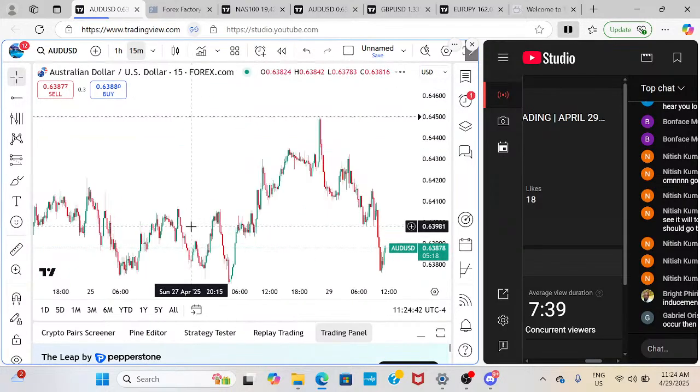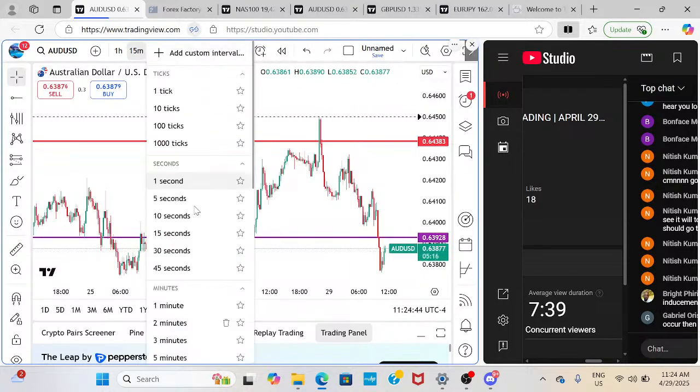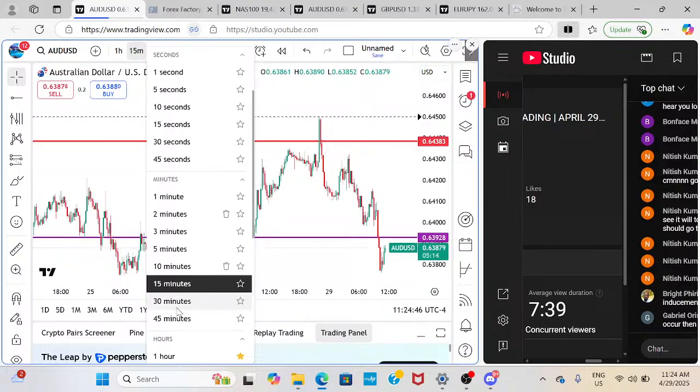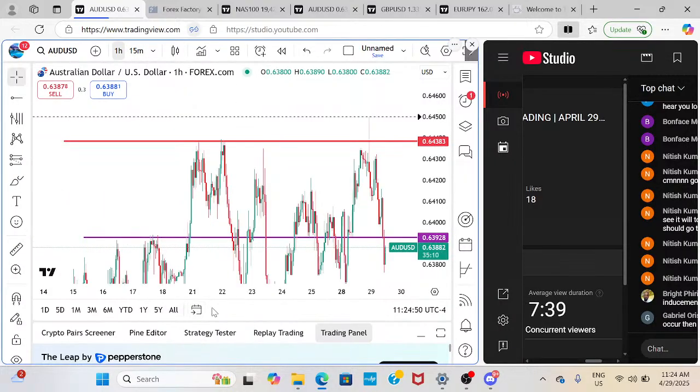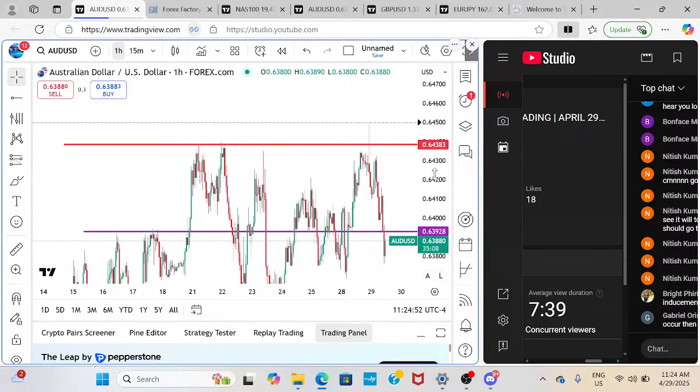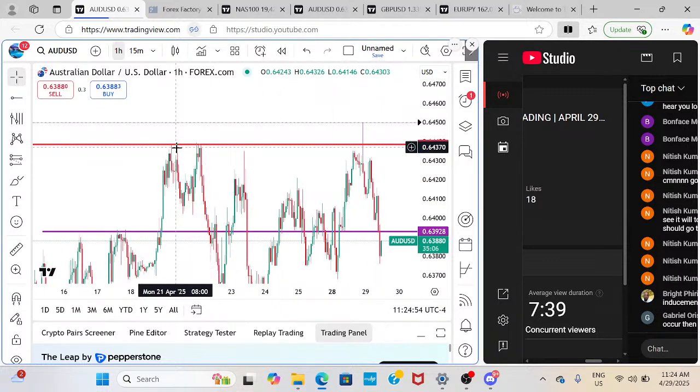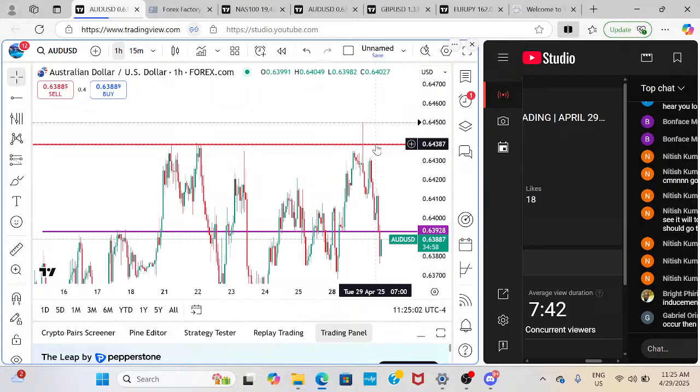For me, I don't look at the 15-minute as confirmation for a breakout. Usually for me, it's the 1 hour. If this is a resistance on the 1 hour, 4 hour, or daily time frame, I would usually use the 1 hour as confirmation as to whether the price has broken that resistance or support.